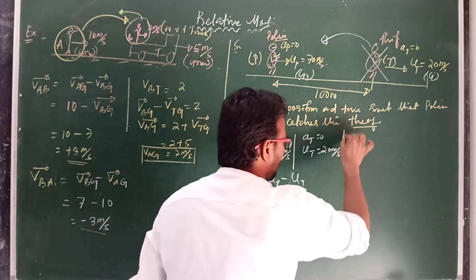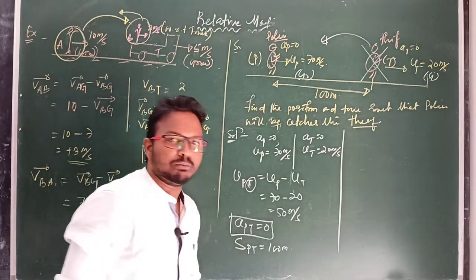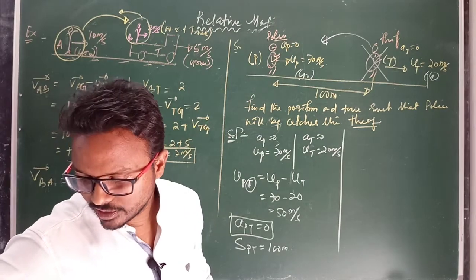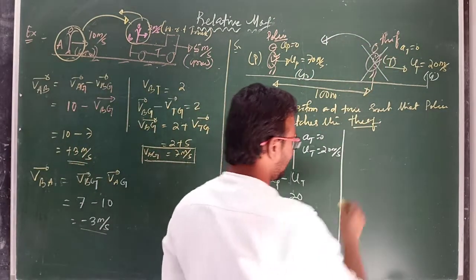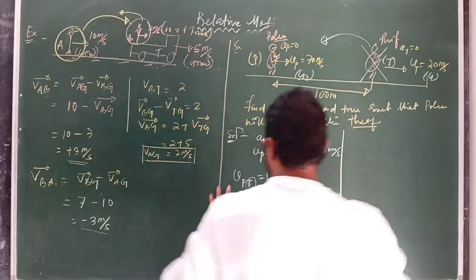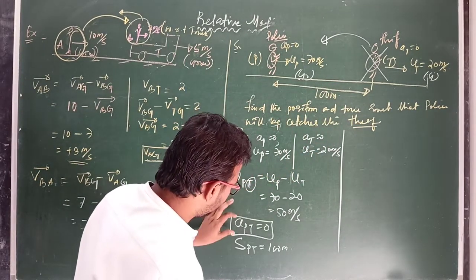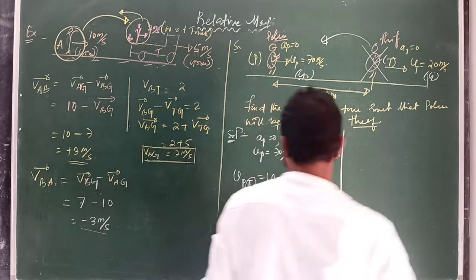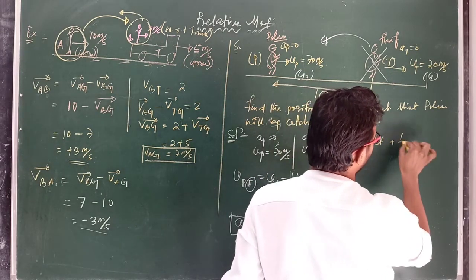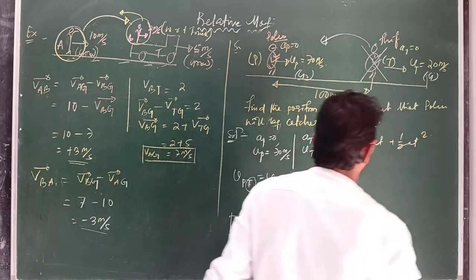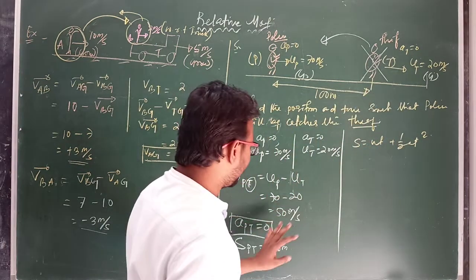Clear? Now we have to find the time taken to meet each other, or the time for which police catch the thief. So in this case we have initial velocity, acceleration, and displacement. So we have to use the relation s equals ut plus half at square. Clear? Throughout the motion acceleration is constant.